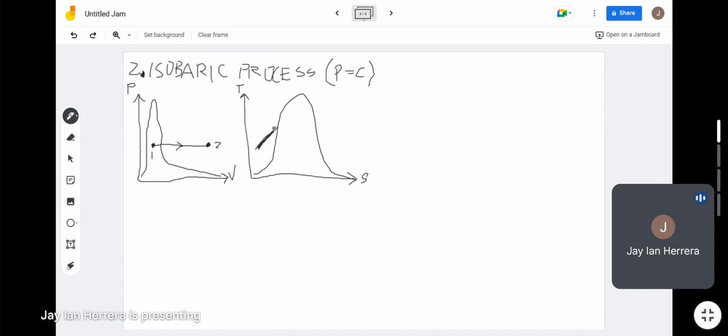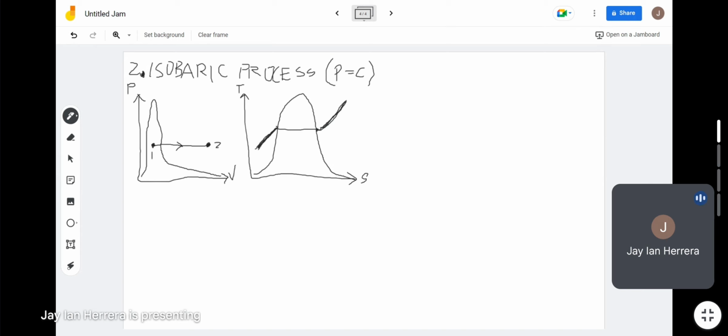Then when the pressure enters the wet mixture, entering the saturated liquid and then the wet mixture, it's just a straight line. And once it exits from the saturated vapor, it goes diagonally upward again.